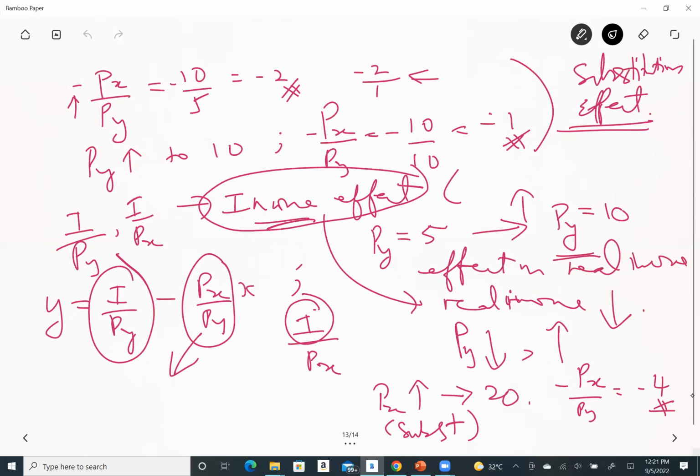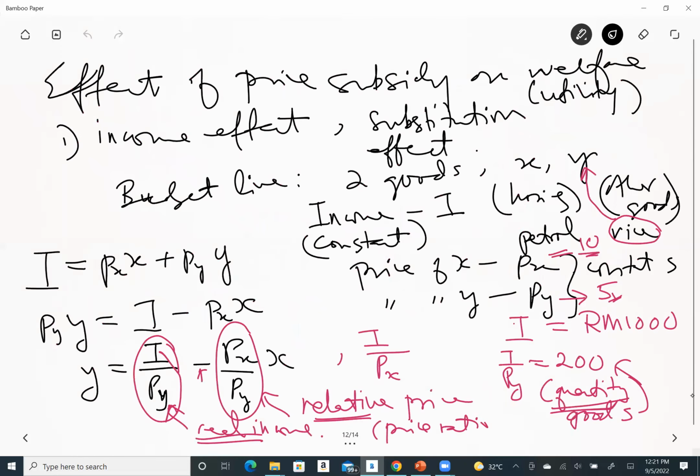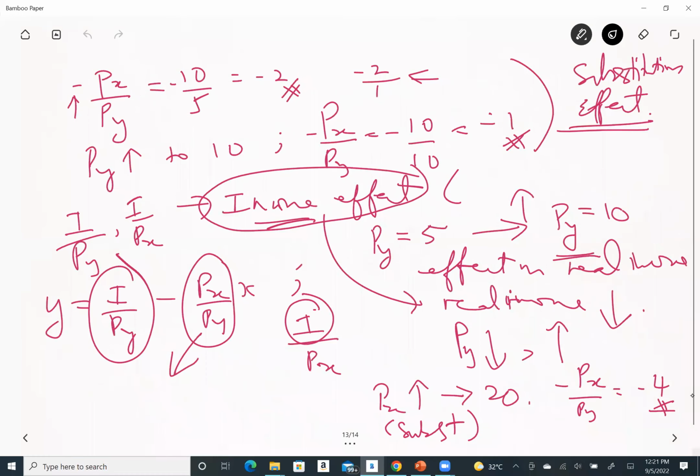For our example here, the price of petrol. I think we use X for petrol. So the price of petrol increases, for example from 10 going up to 20. So you see the slope, previously it was -2, now becomes -4.